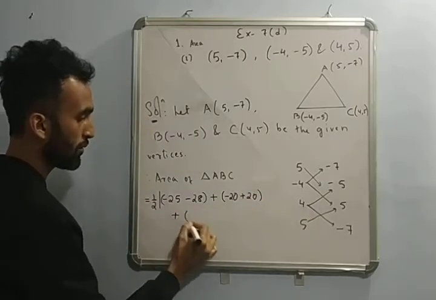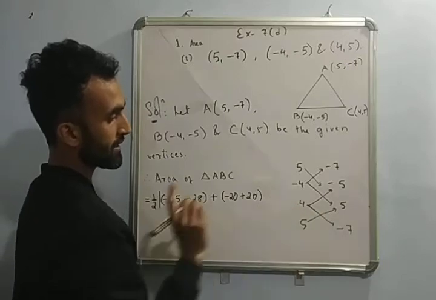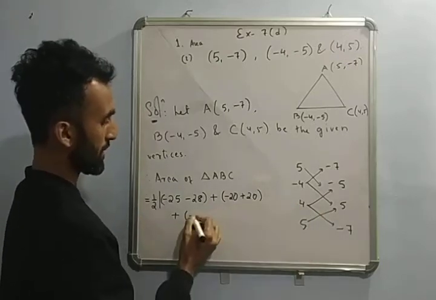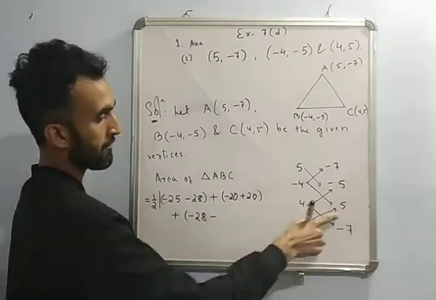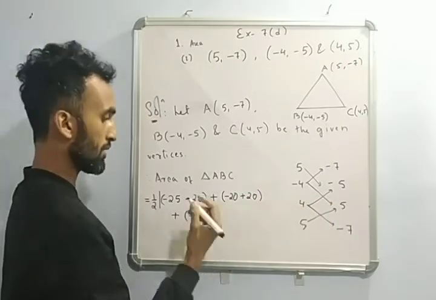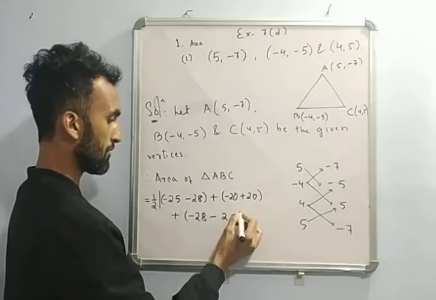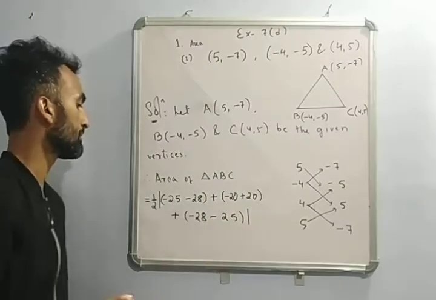Plus 4 into minus 7 is minus 28, minus is the formula. 5 fives are 25, it will become minus 25. Close the modulus.